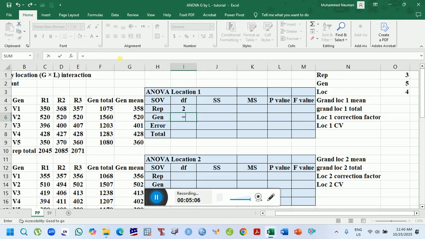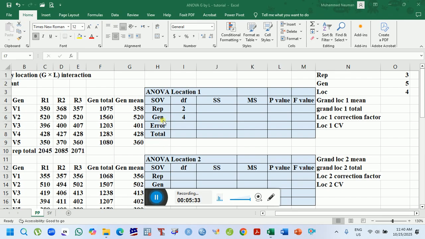Genotype is equal to, we have 5 genotypes, -1, and put the dollar sign to fix this reference. Okay. Now we will calculate the error degree of freedom.